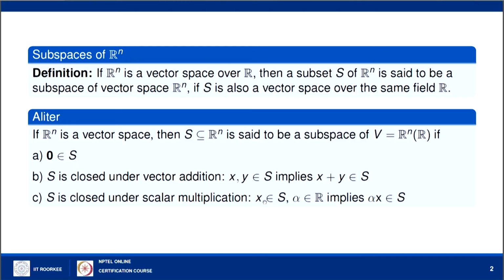Means if you take a vector x from S and a scalar alpha from the field R, then alpha times x should be again a vector of S. So, this is the definition of subspaces.